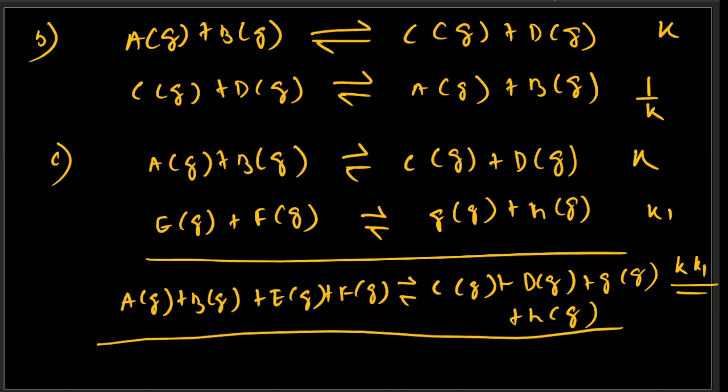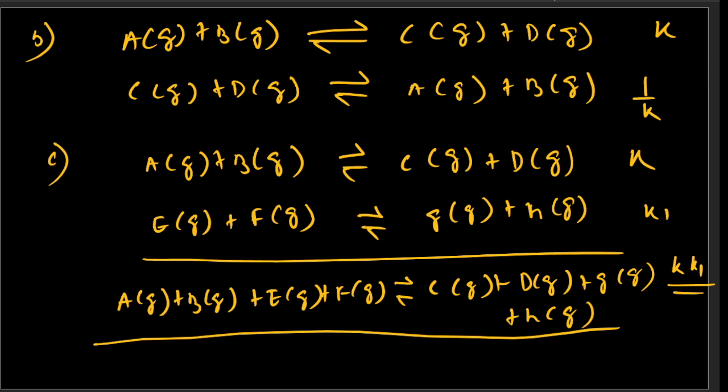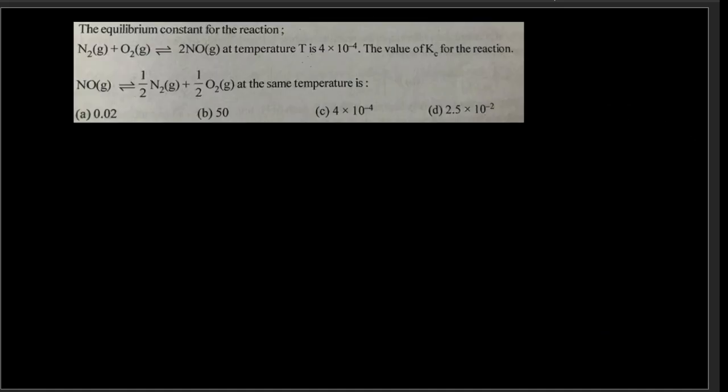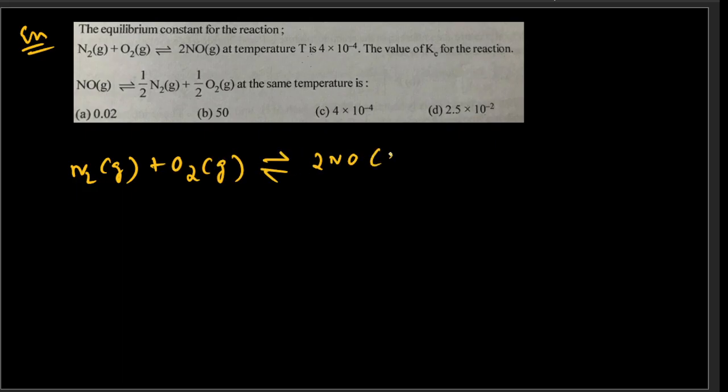Okay, so let's solve some problems. This is the example. N2 gas plus O2 gas gives 2NO gas, at temperature T. The equilibrium constant for this is given as 4 into 10 raised to minus 4.